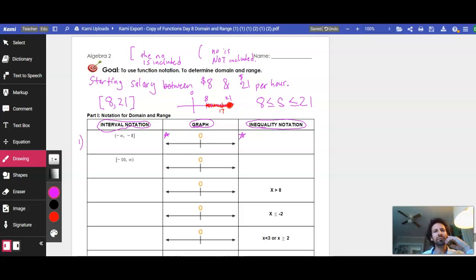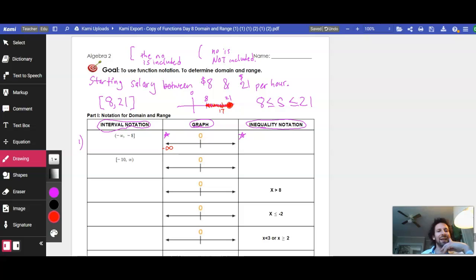What this says here is that all numbers from negative infinity until negative 8 are included. If we want to show this on the number line, negative infinity would be represented all the way on the left of the number line.